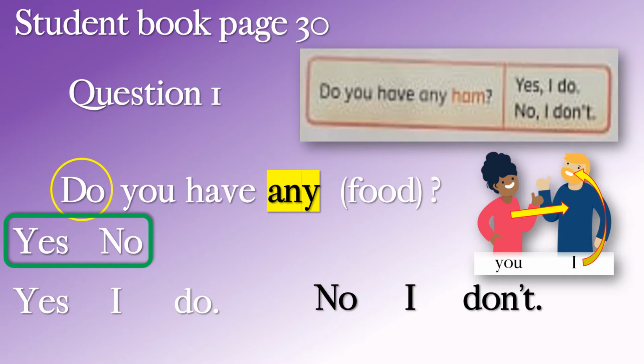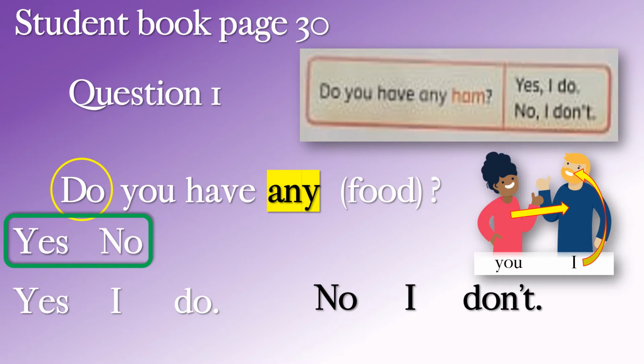No, I don't. So we know that in a question where we have you, do you have any bananas? There are two people speaking. Do you have any bananas? Yes, I do. No, I don't. So this is question number 1 using you and I.